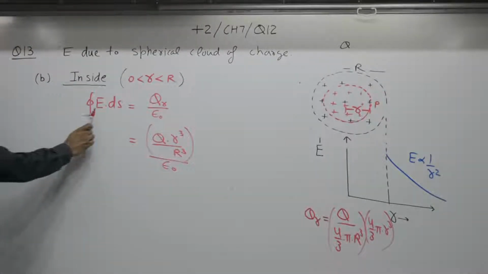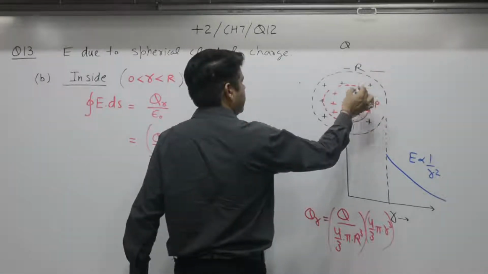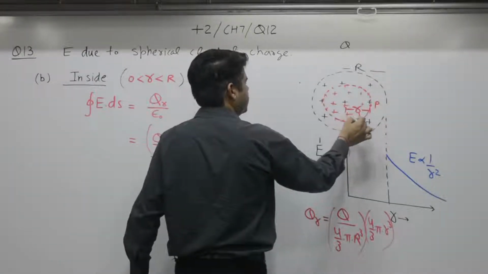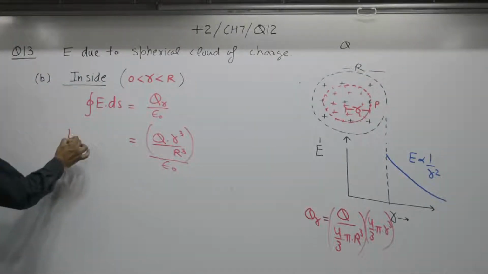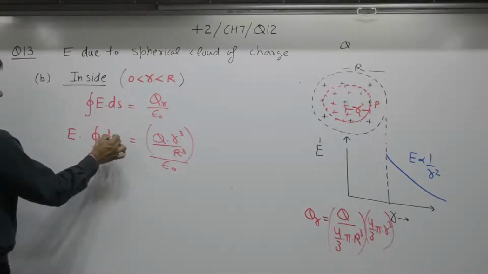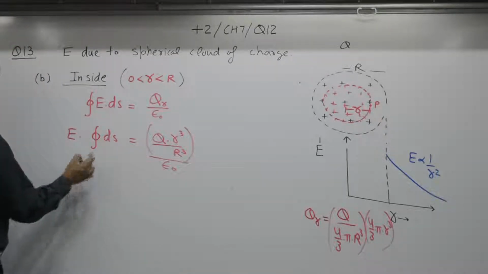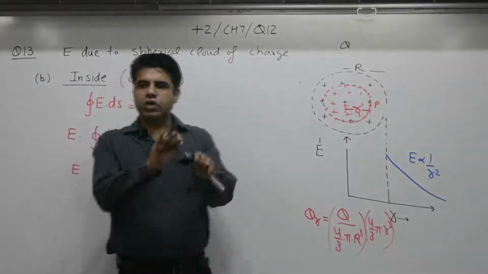Solve the left side. The value of E at all these points, 1, 2, 3, 4, all these points, the magnitude of E remains the same. Then integration of ds. E into ds, ds means small area. Integration means total.